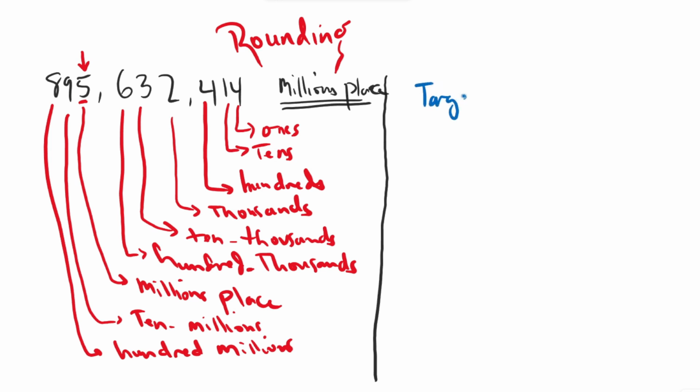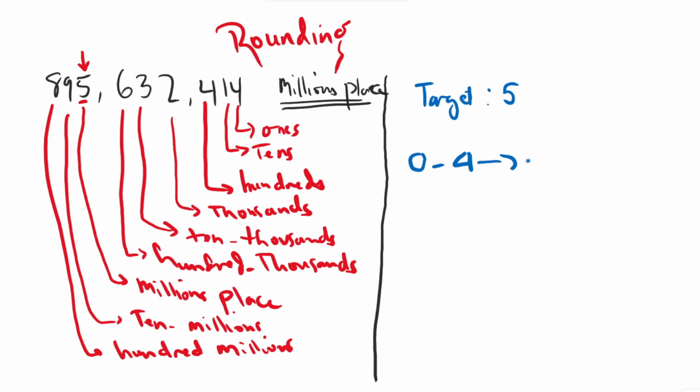The target in this case is the 5. The target digit is the 5. And this is rule number 1. Number 2 is going to be the second rule.